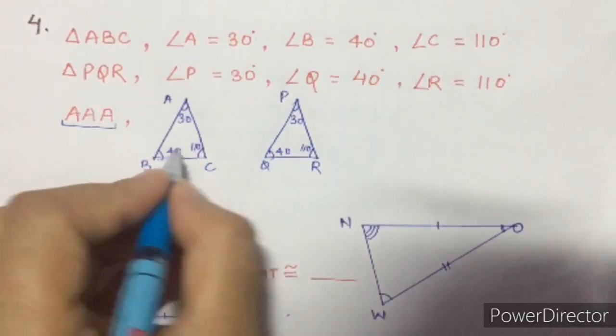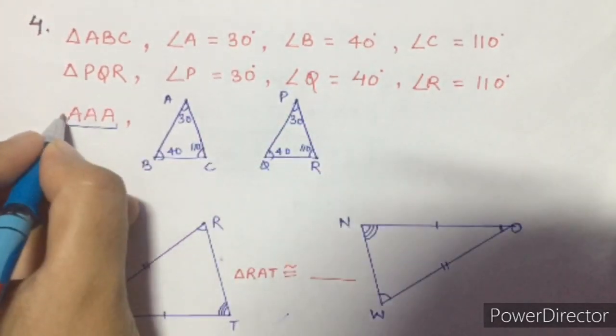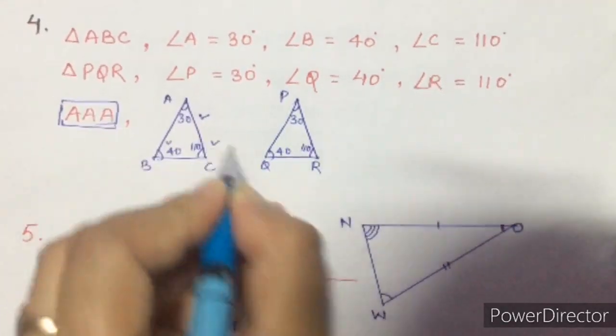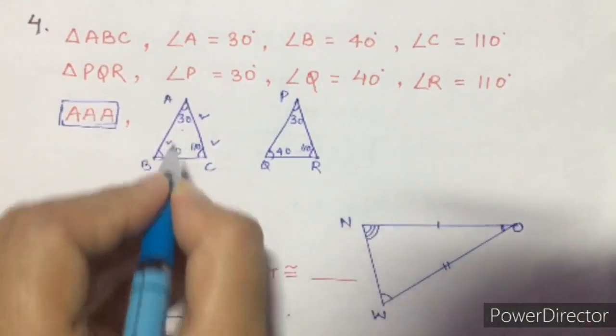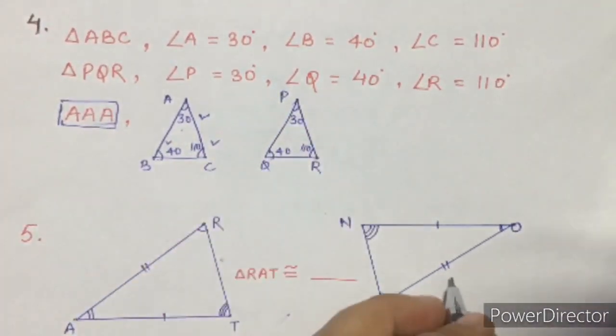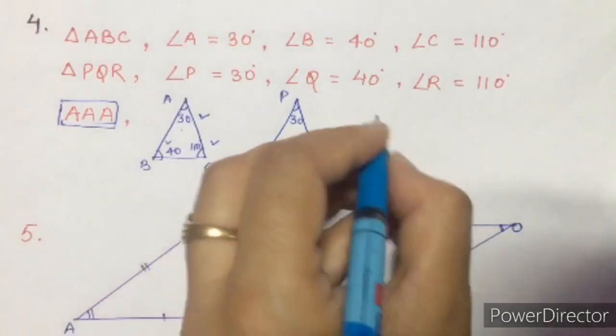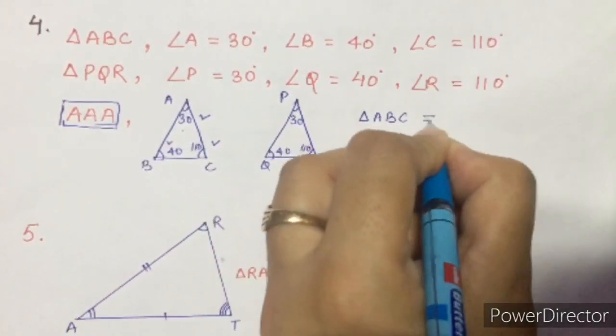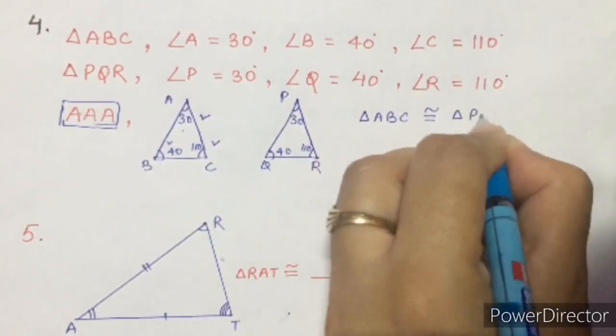So which criteria can we use instead? This is angle, this is angle, this is angle. All the angles of triangle ABC correspond to all the angles of triangle PQR. The student is quite right, because triangle ABC is congruent to triangle PQR.